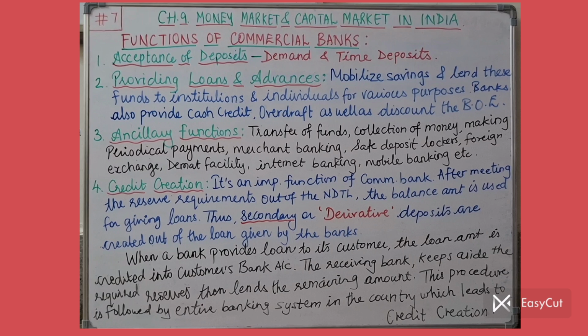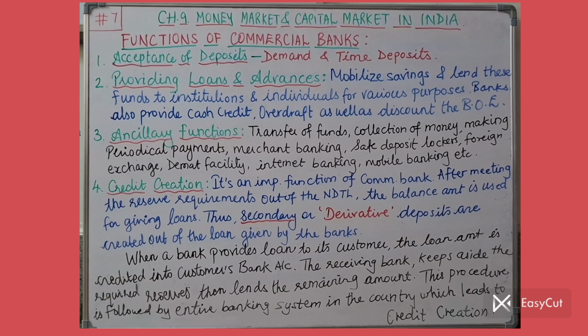To make it easy, I will take it with the help of numbers. Very simple example. Suppose a bank provides a loan to its customer of say 100 rupees. Then the other, receiving bank gets the 100 rupees. They will keep aside whatever is the CRR, SLR, let us assume 20 rupees. Then the remaining 80 rupees will be utilized by that receiving bank to give away by way of loans and advances.